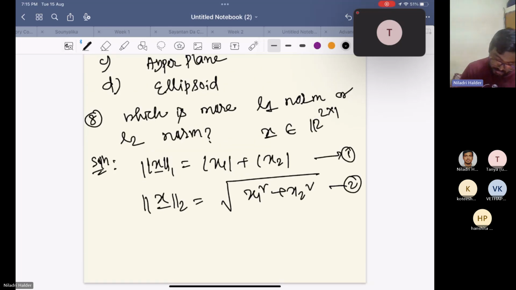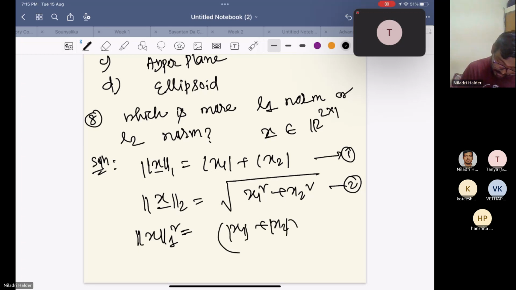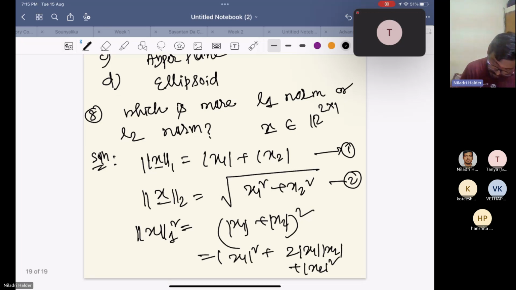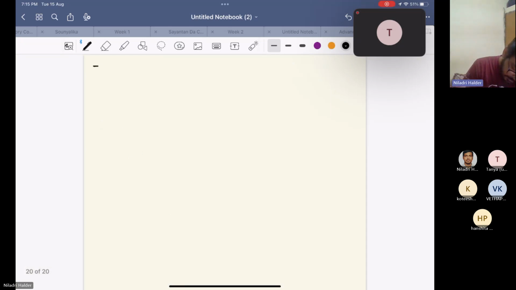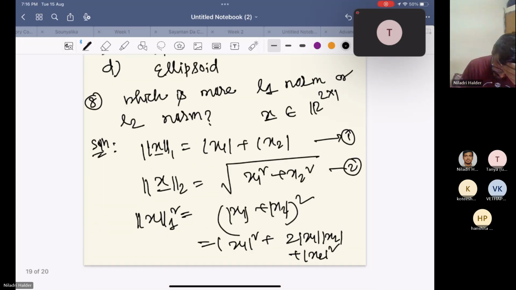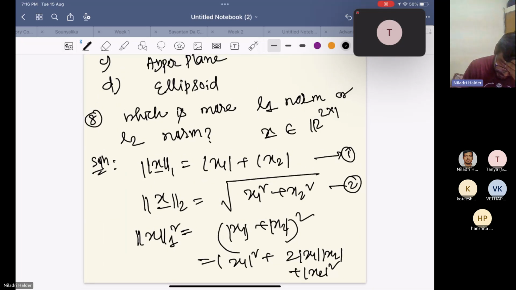Okay, 1 and 2. So if you square each norm, it will be |x1| plus |x2| squared. That means |x1| squared plus 2|x1||x2| plus |x2| squared. That is the same as x1 squared plus x2 squared plus 2|x1 x2|. And this second one is the L2 norm.